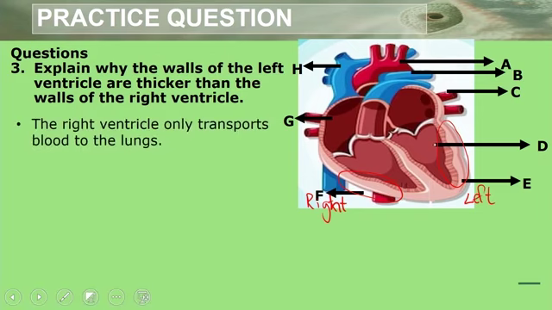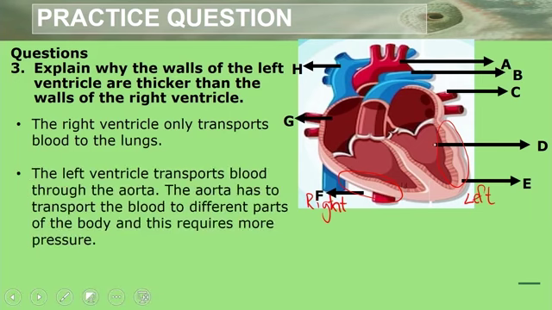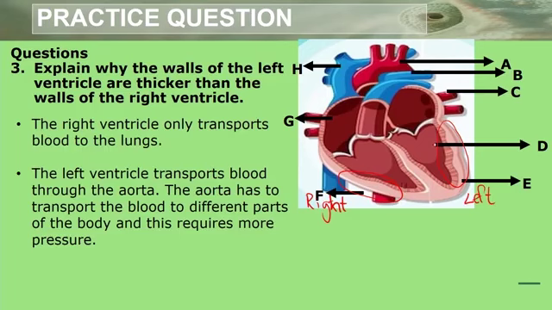So we can say that the right ventricle only transports blood to the lungs. For the left ventricle, when the blood comes back from the lungs to the heart, it will flow through the left atrium into the left ventricle, and then into the aorta, where it's distributed to different parts of our body. So the left ventricle transports blood through the aorta.